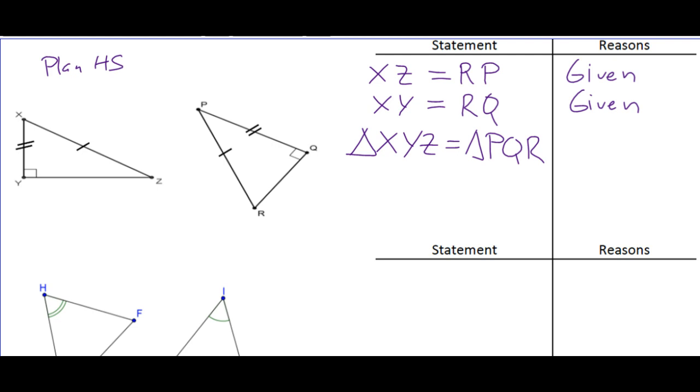Got a little problem there. So is XY the same as RQ, or is it QR? That's a little strange. So XY, double sign. XY corresponds to PQ, not RQ.